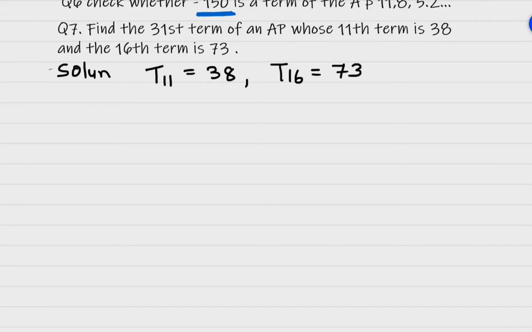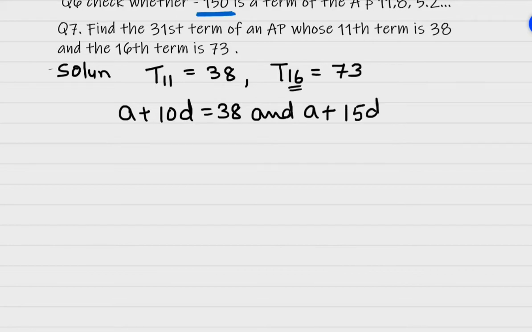That means T11 means how much? A plus 11 minus 1, that is 10D, is equal to 38, and T16 is A plus n minus 1 into D, that is 15D, so A plus 15D will be equal to 73. Now, bring together these two equations and solve them.